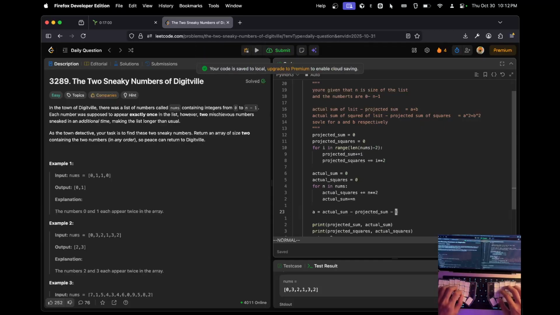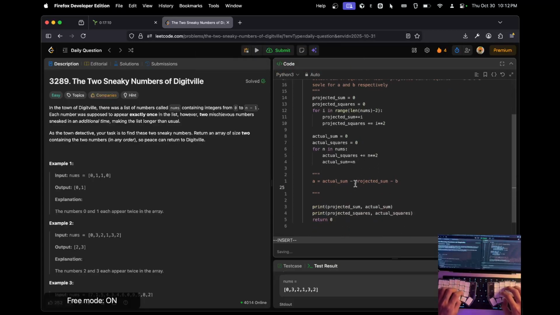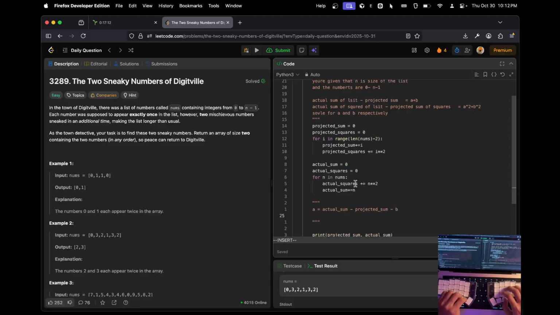And we're just gonna have to translate this into code later. And we have to rewrite this in terms of projected and actual sum.